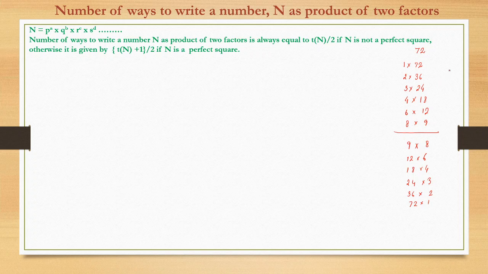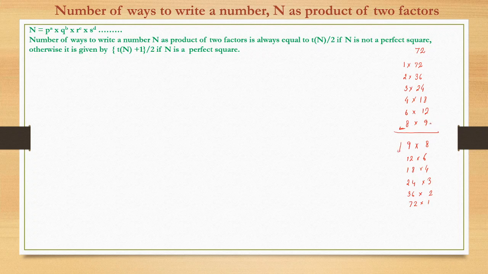So basically the process is we take the integer nearest to the square root. The square root of 72 is around 8 point something, so the nearest integer becomes 8. We consider factors up till 8, and below that we know it will be a mirror image.